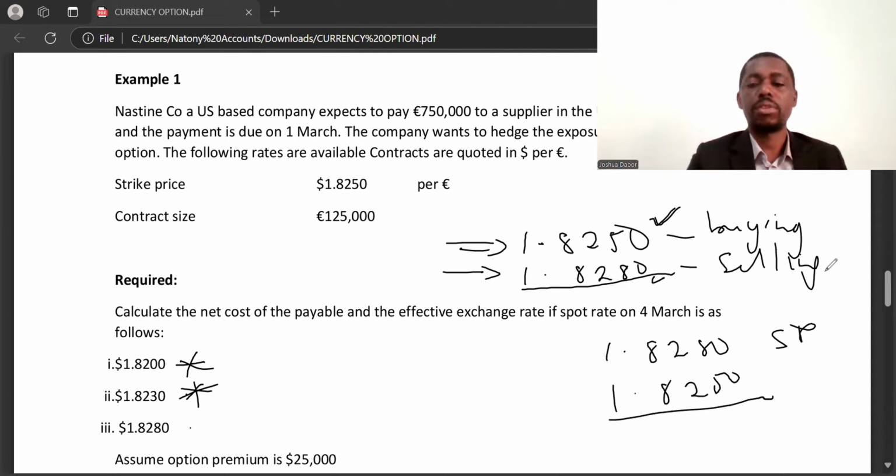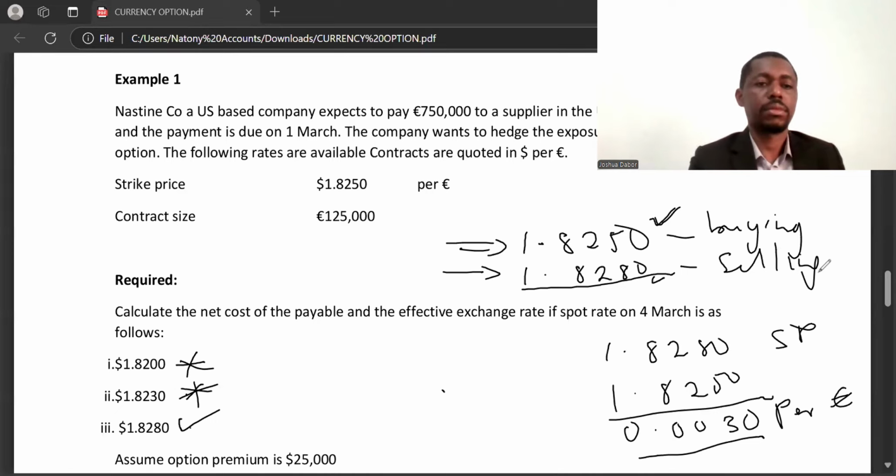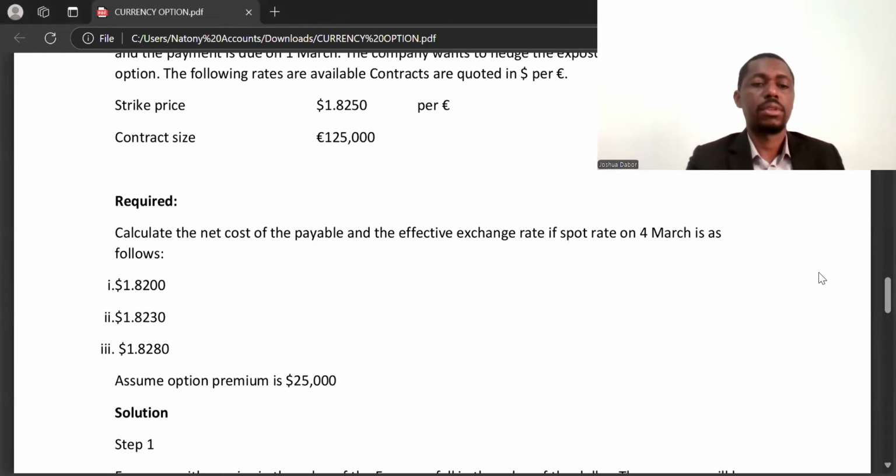Therefore, the company will make a profit of 0.0003 per euro invested. So the company will go with the third spot rate.